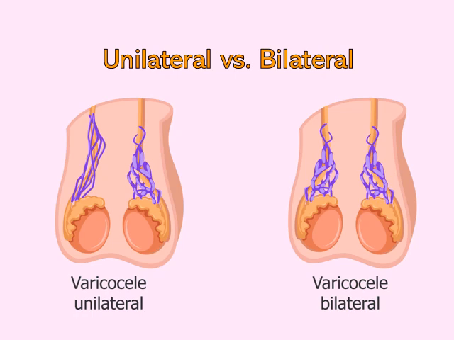If a condition affects only one side of the body, we call it unilateral. If it affects both sides, we call it bilateral. A unilateral orchiectomy means one testicle is removed. A bilateral orchiectomy means both testes are removed.